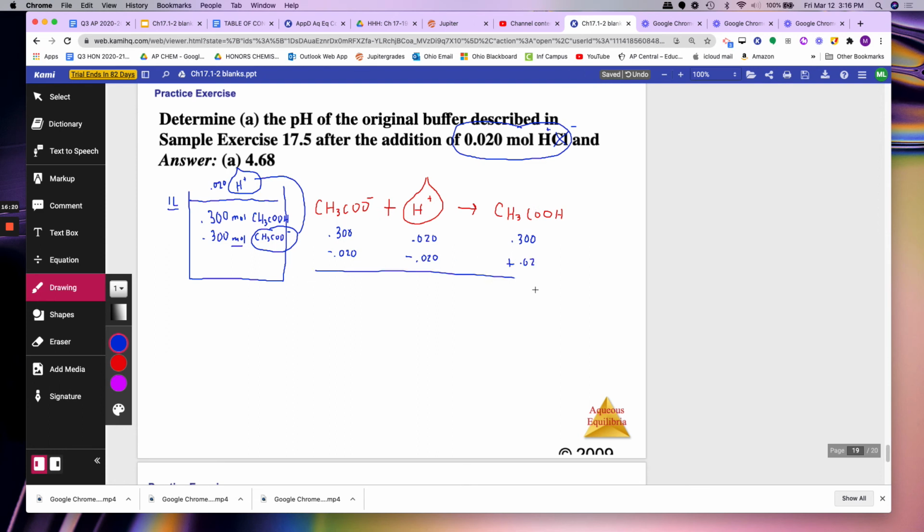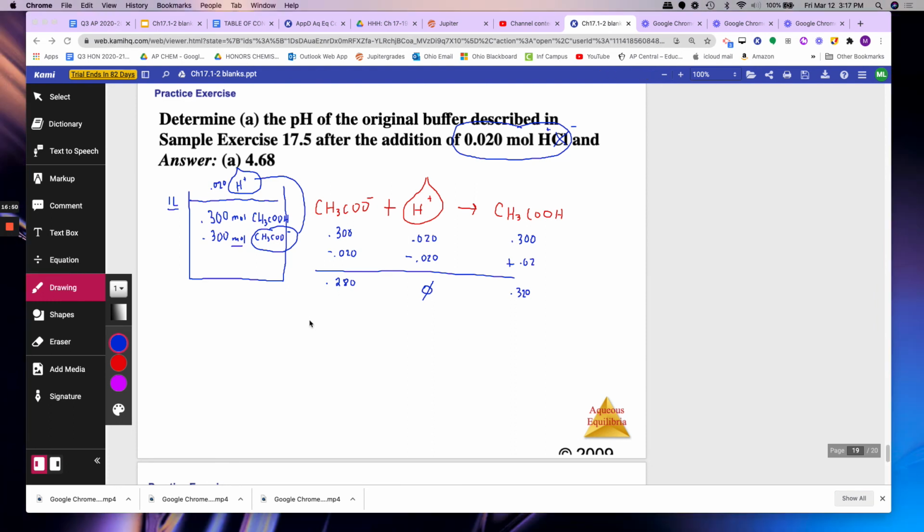Okay, so what do you have in the end? The acid that you added is gone. Now you have less of this, 0.280, and you have more of this, 0.320. I think I might have an error here.